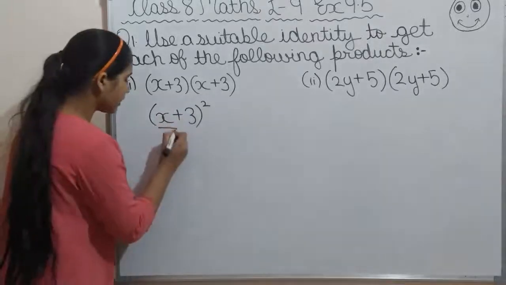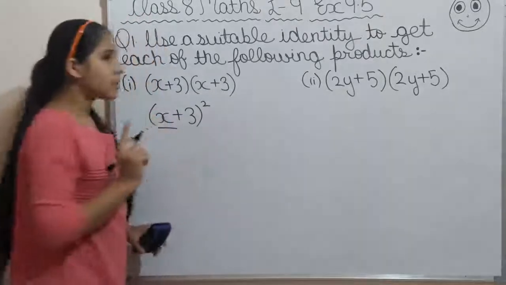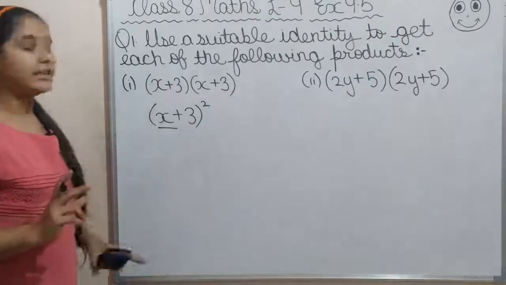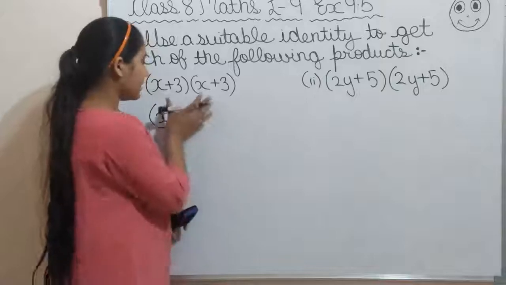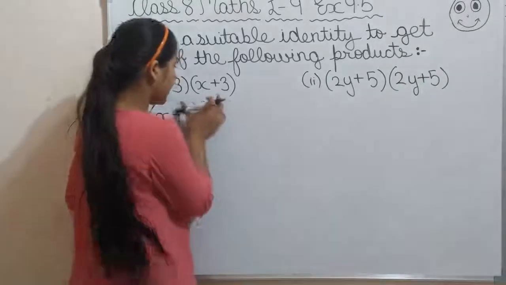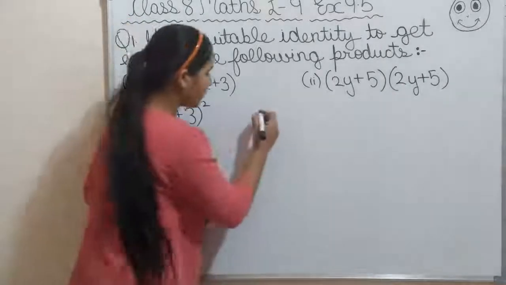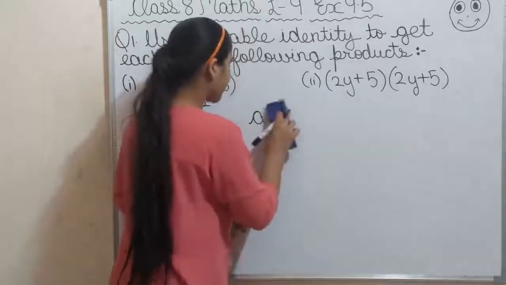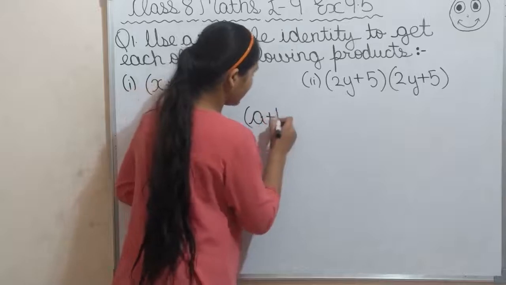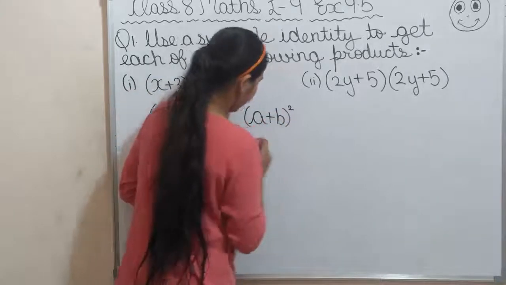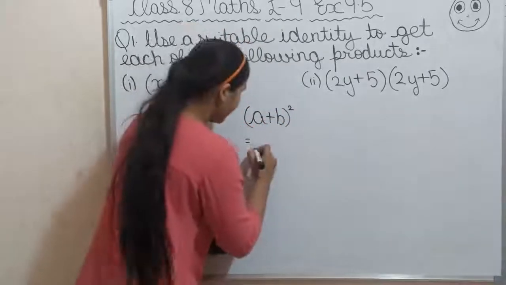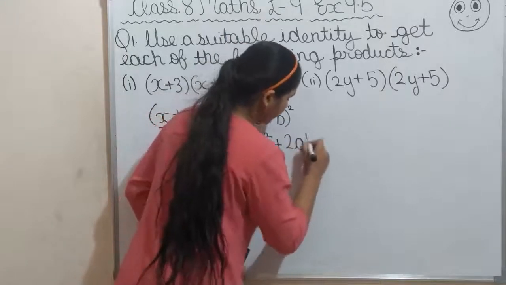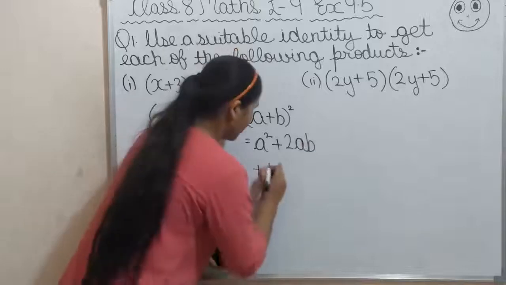In this case we have to write the identity first. It is important to write the identity. So which identity? The first identity, both plus: a plus b whole square is equal to a square plus 2ab plus b square.